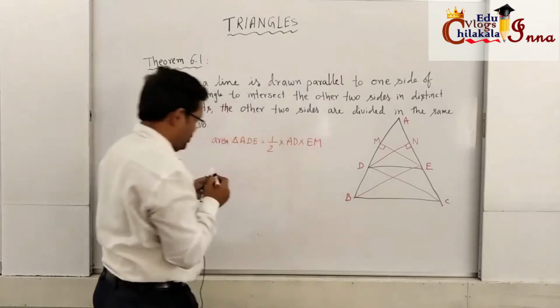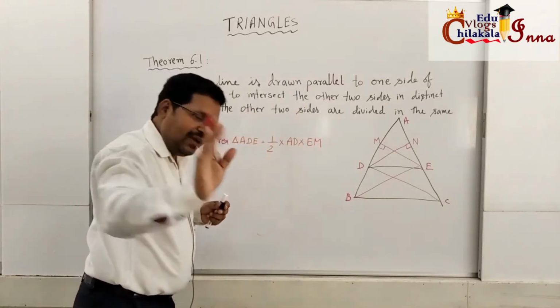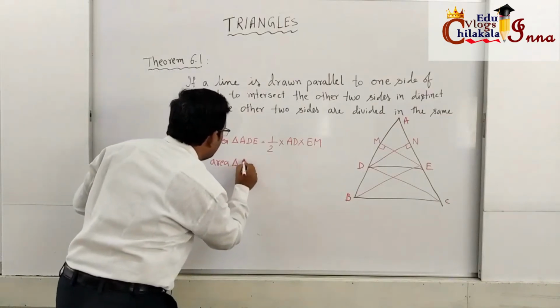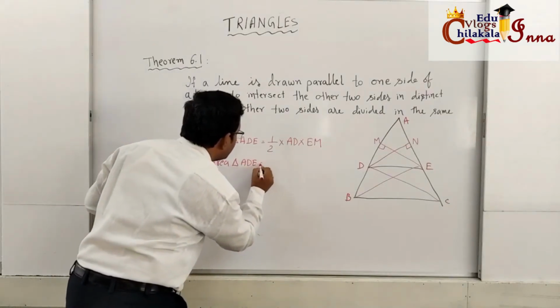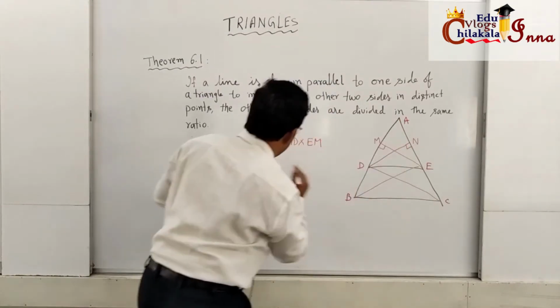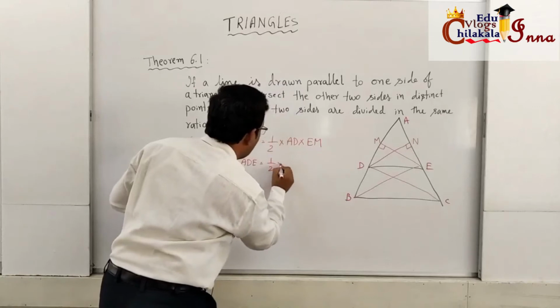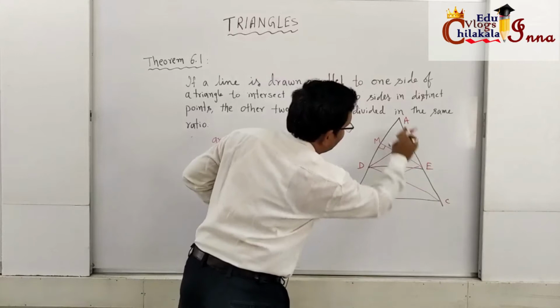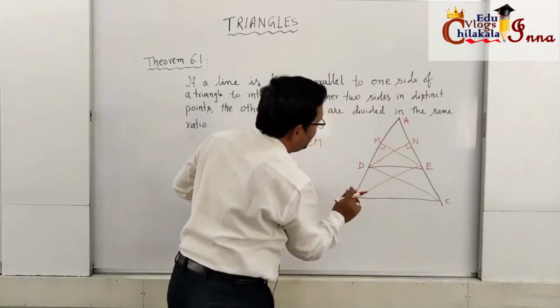Very good. So once again, the area of triangle ADE with respect to the base AE. If AE is the base, what is the area of triangle ADE?